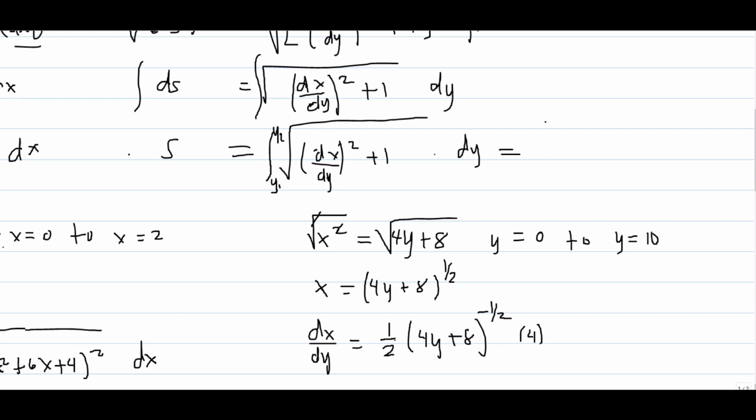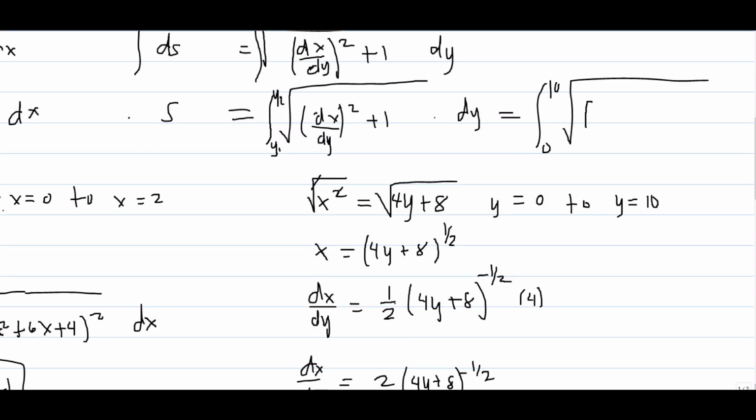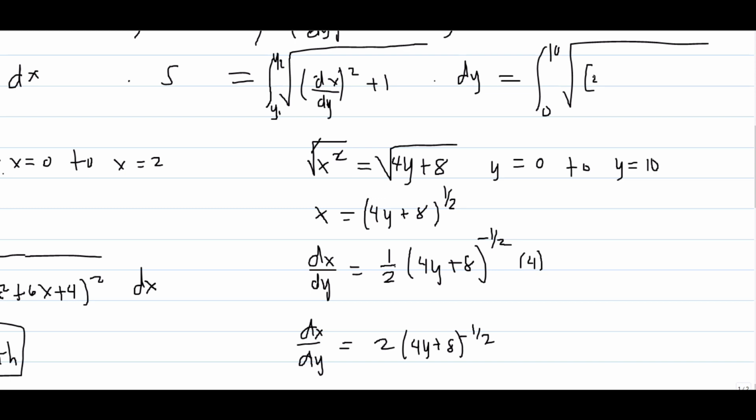So s is equal to the integral, where y is from 0 to 10, of the square root of the quantity 2 times the quantity 4y plus 8 to the power negative 1/2, squared, plus 1, dy. So let us now calculate.